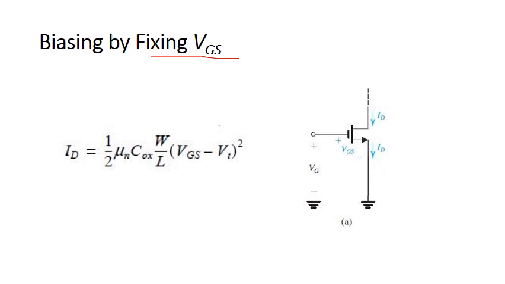This is the circuit of biasing by fixing VGS. So over here VGS is fixed, the gate to drain voltage is fixed. So biasing is done basically to select an appropriate DC operating point such that the MOS transistor will operate as an amplifier.